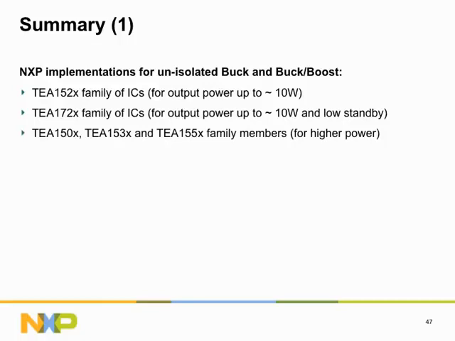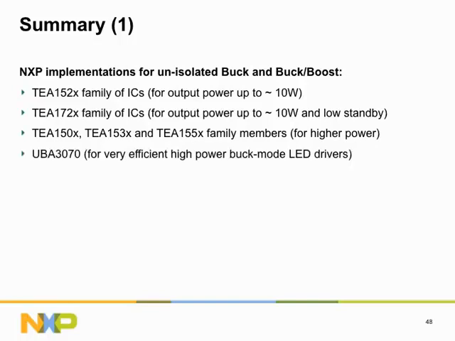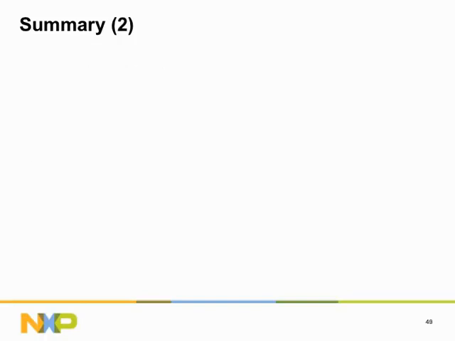TEA150X, TEA153X, and TEA155X family members need an external MOSFET power switch, but they can be used for much higher output power. A special device is the UBA3070 Boundary Conduction Buck Mode LED driver controller. This IC also needs an external primary switch, and its sophisticated operation allows the creation of very efficient LED driver applications. The other unisolated converter that we presented was the boost converter.